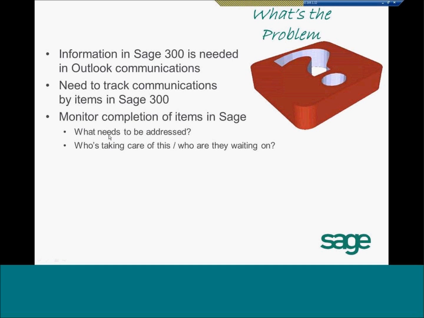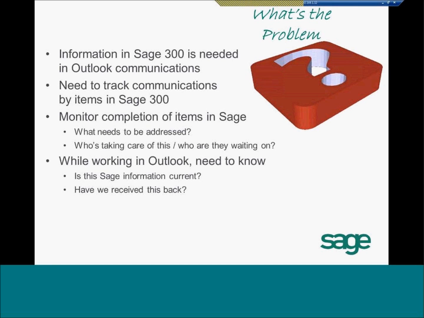When you want to monitor the completion of things, what you're completing is the items in Sage 300, but you're doing it in Outlook. So what we heard was: what needs to be addressed, is somebody taking care of this, who am I waiting on? All those items come up in your day-to-day work, and they come up when you're working in Outlook.